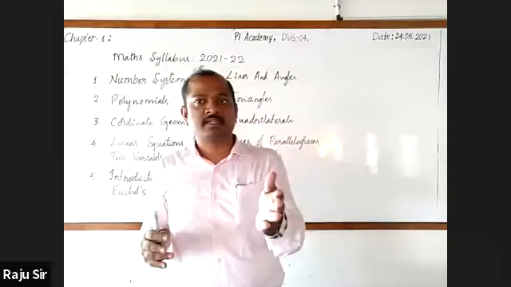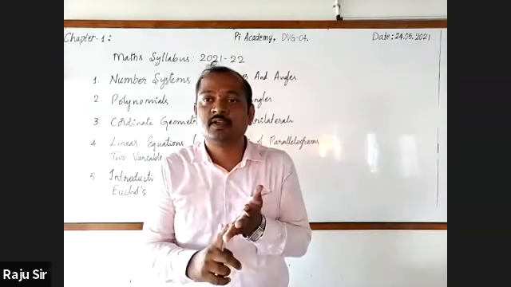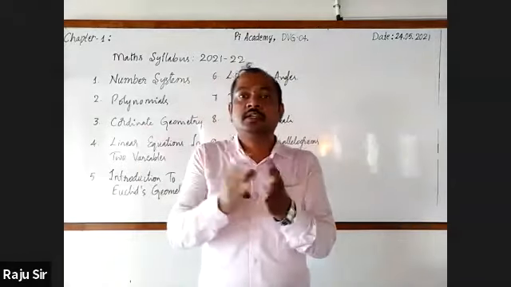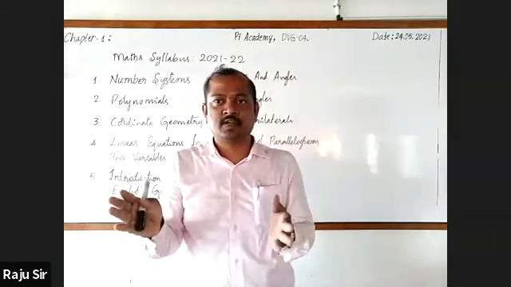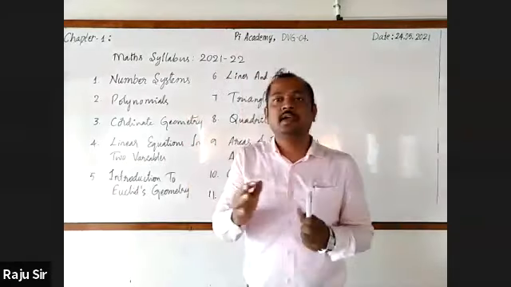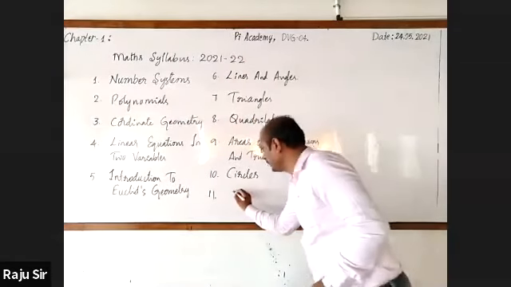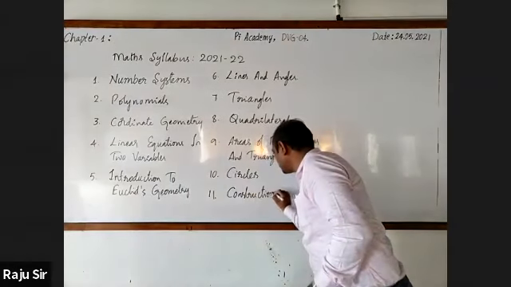Construction. Right? So in your previous classes, you have learnt about the construction of angles, construction of triangles, and dividing a line segment into some number of parts, is it not? So those extended parts are going to be learned again under the same heading in this academic year, that is constructions.